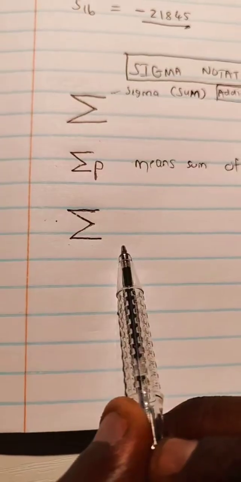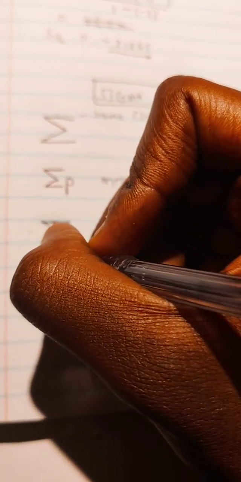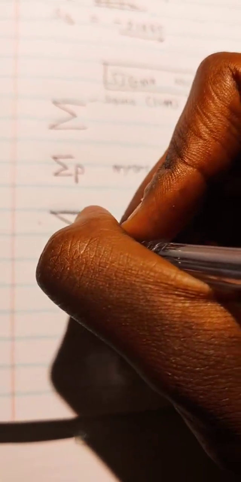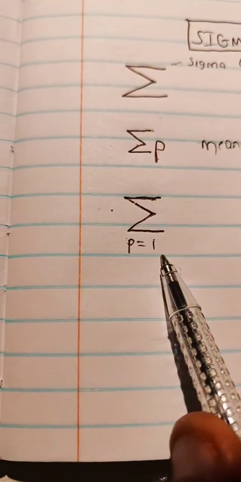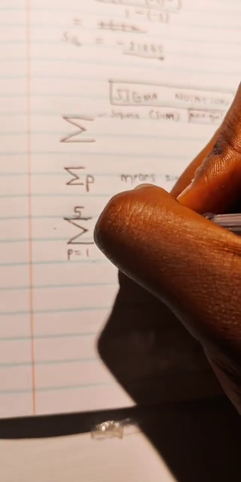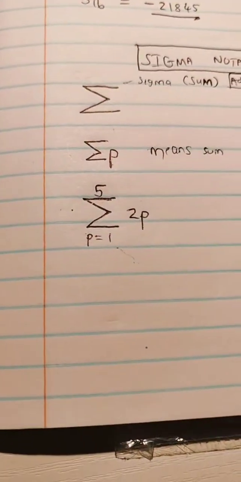So for the number at the bottom, let's say for an example, P is equal to 1. Then at the top, we have 5. Then next to the sigma symbol, we have 2P.